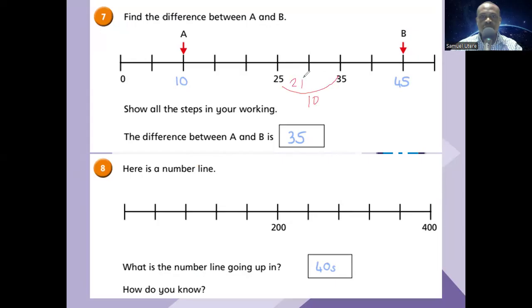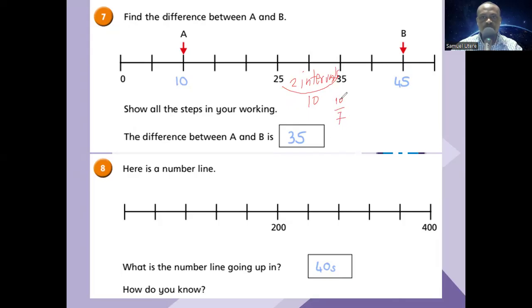So if two intervals is worth 10, we have 1, 2, 3, 4, 5, 6, 7. So we have 7. So if we do 10 divided by 7.